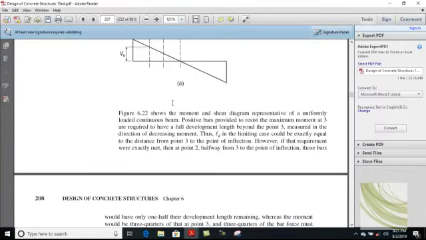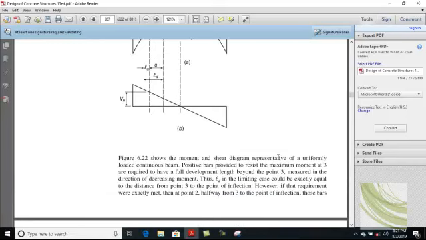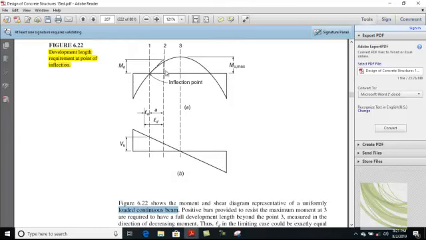Now, Figure 6.2 shows the moment and shear diagram representative of a uniformly loaded continuous beam. I already told you that this diagram is drawn for a uniformly distributed load on a continuous beam, and this is the shear diagram for the same beam.